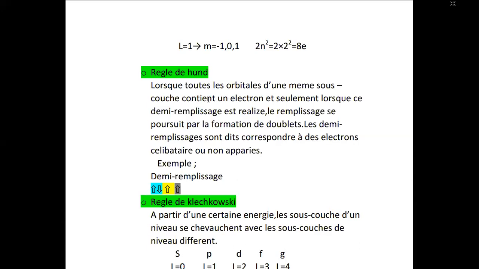Then after you have filled them with 1 electron each, that's when you start filling in the opposite electrons. So in each room, first you put 1, 1, 1, 1. I think I drew something for you guys to explain it.